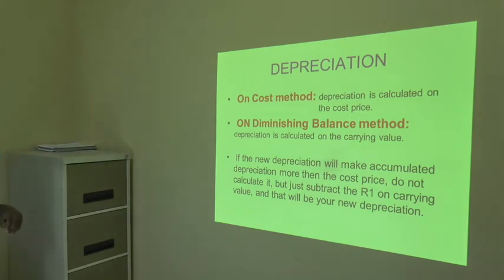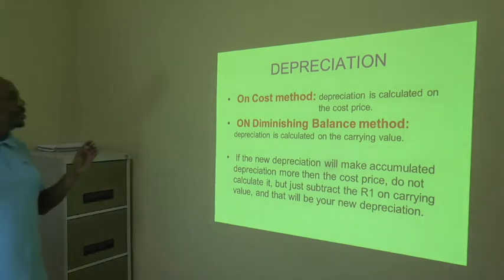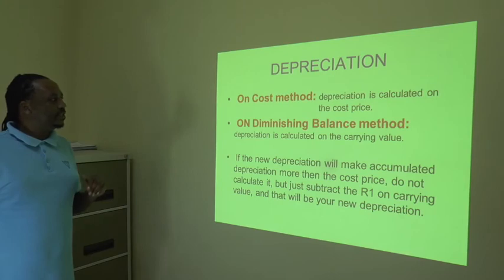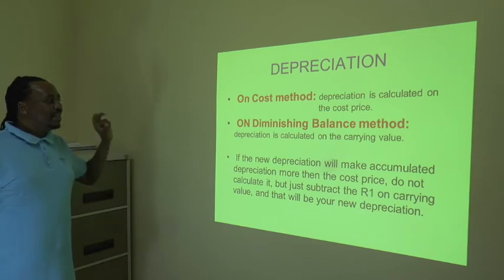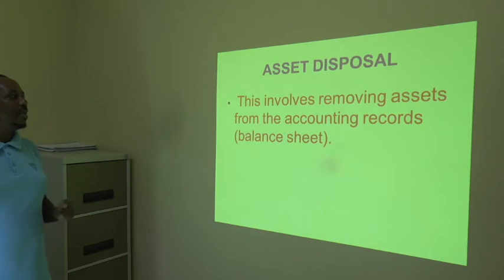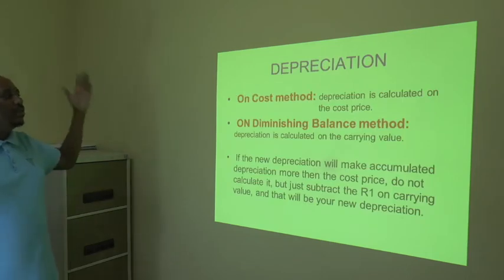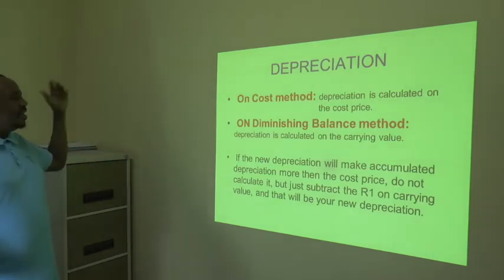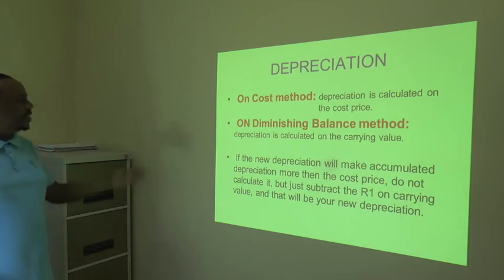Depreciation, people. Let's also look at depreciation. There is the cost method. There's also the diminishing balance method. These are methods that are used here in high school. In universities, you are going to get other methods such as the sum of digits method.